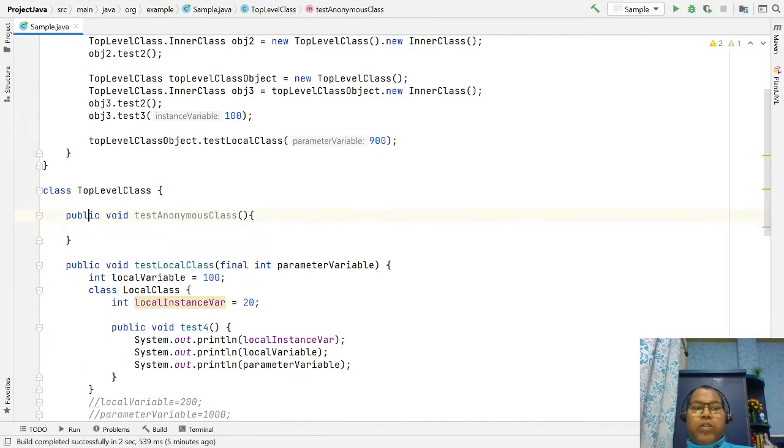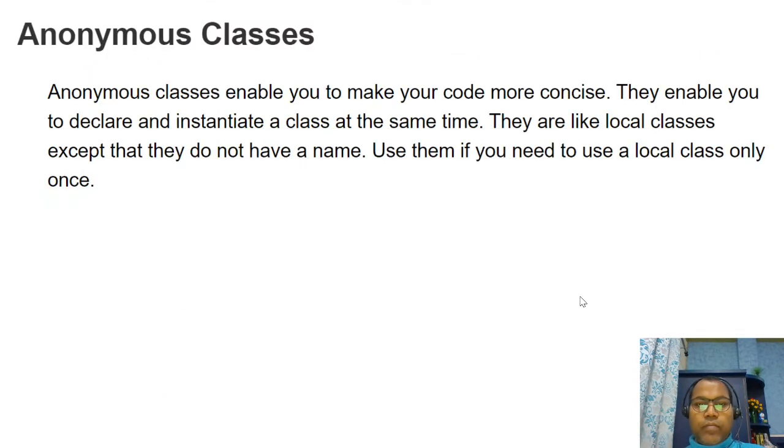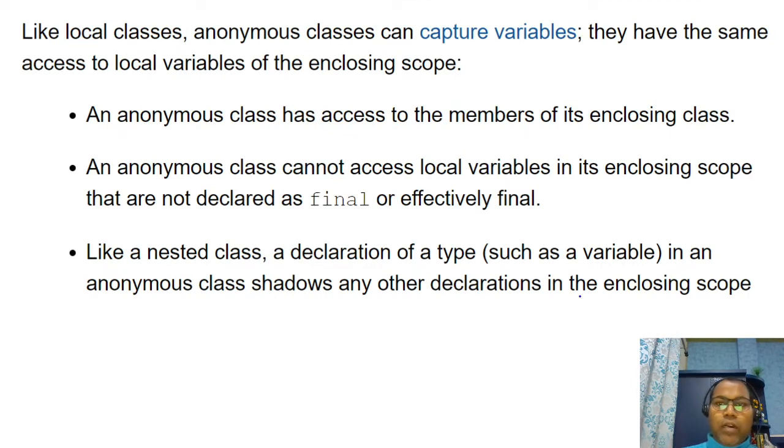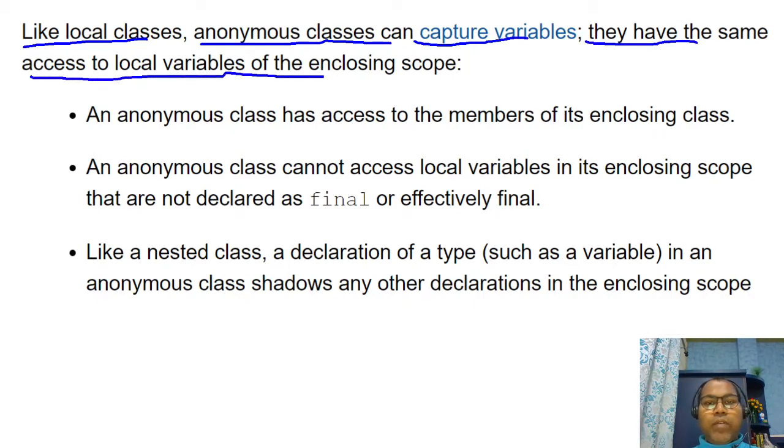So how do we create an anonymous class? Like local classes, an anonymous class can capture variables, and they have the same access to the local variables of the enclosing class.